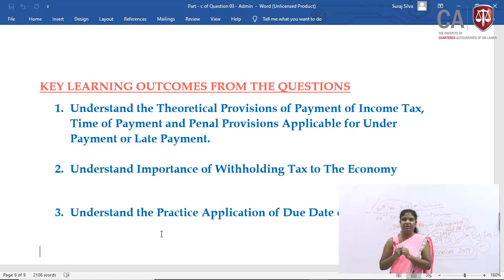We have looked into what are the due dates of payment mentioned in the Act: by way of withholding tax, by way of assessments, by way of quarterly installment payments, and fourthly the date specified by the Commissioner General of Inland Revenue. The time of payment for withholding tax is on or before 15 days of the subsequent month.